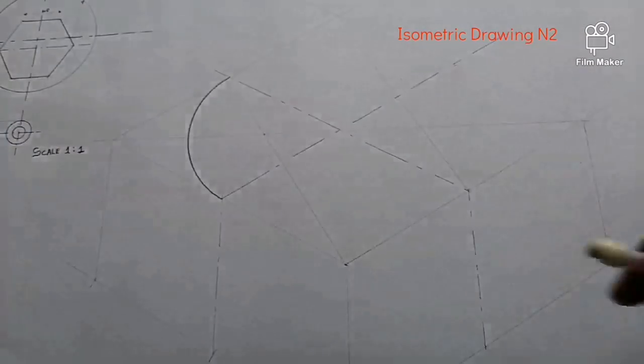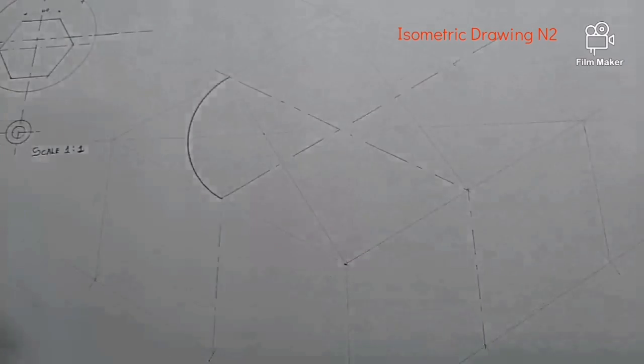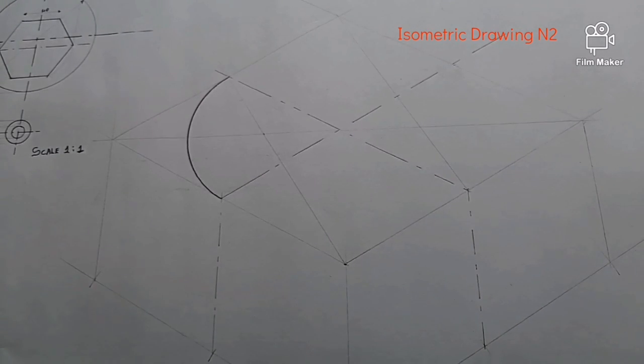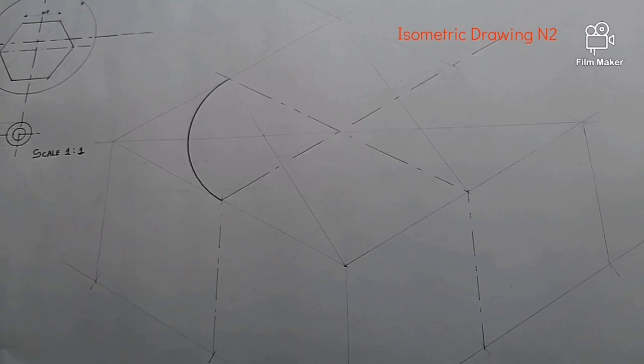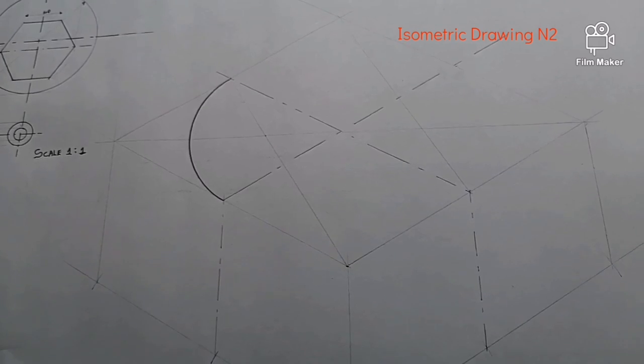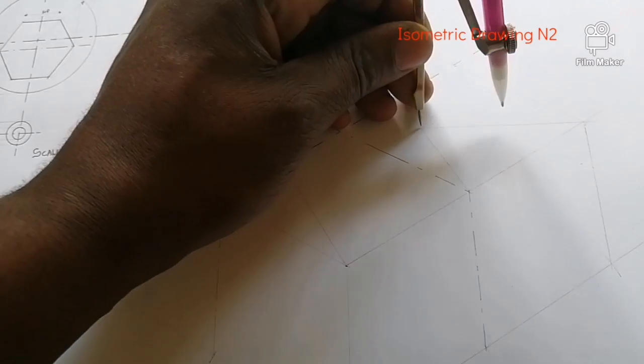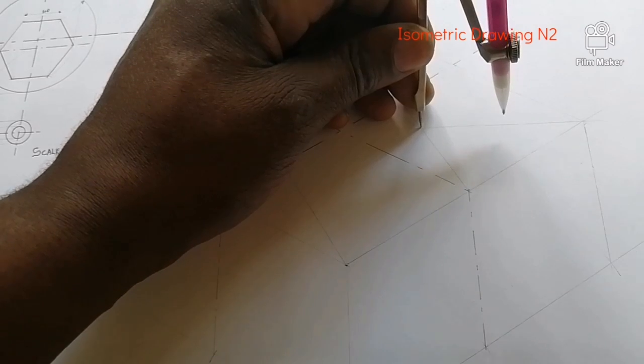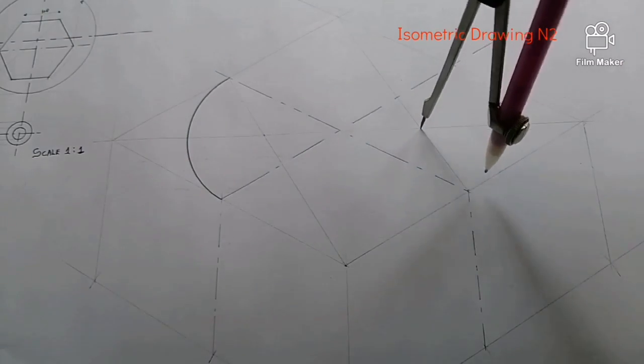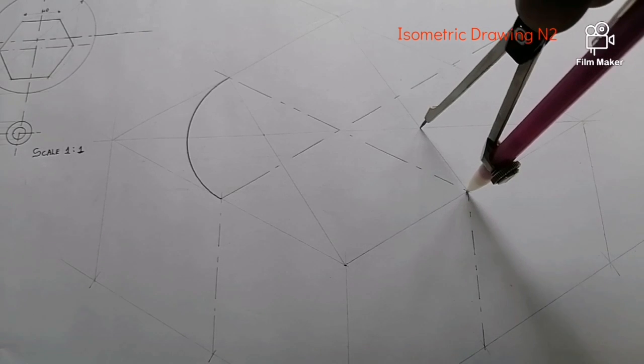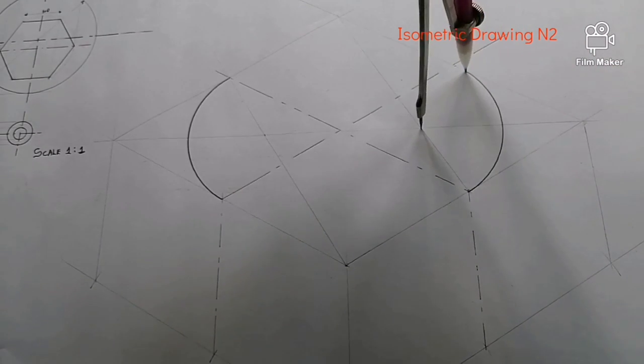So all these lines that we drew beside the centers, they were faint. But if you drew your centers dark, it's still one and the same thing, you won't be penalized. Again, you come this side, you place your compass there. You draw from center to center.